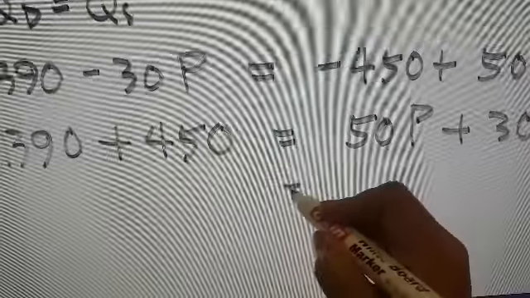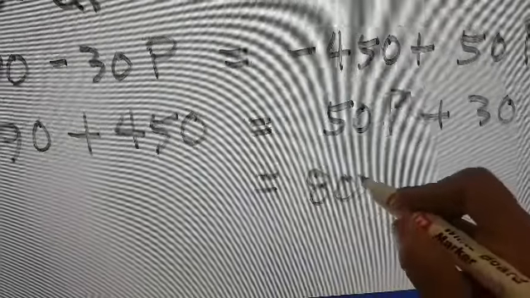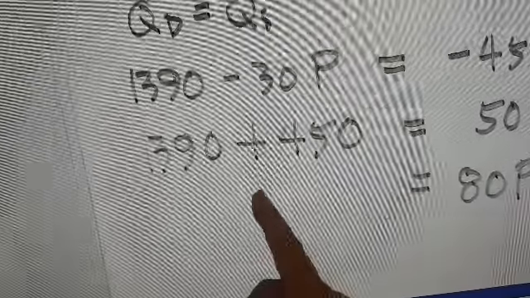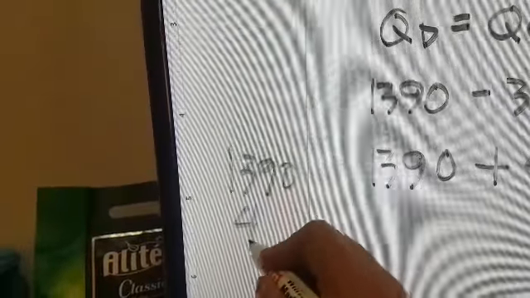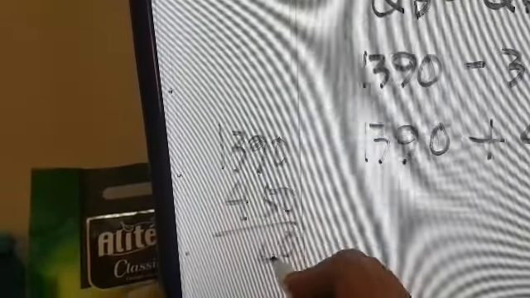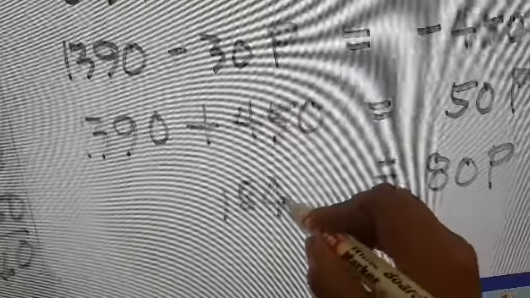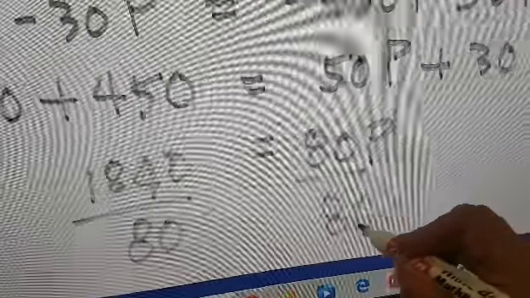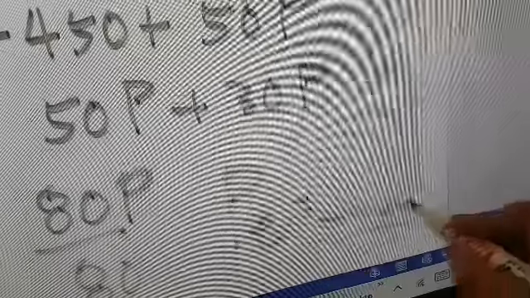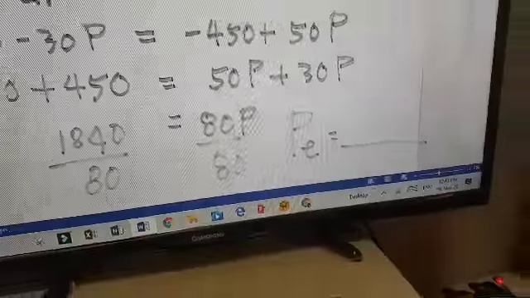And this gives us 80P, and that would be 1390 plus 450 will be 1840. All right, and then divide both sides by 80, then you get the price at equilibrium. Okay, and that's what we're going to work out.